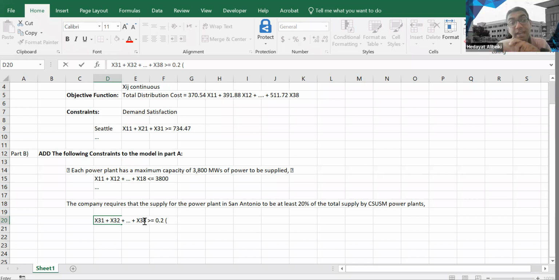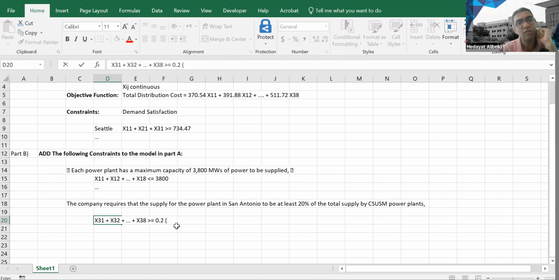No, 3,800 times 3 would be the total capacity, not the total supply. When it says total supply, it's the used capacity that you're looking for, not the potential capacity that you have. Would it be the sum of all the demands? You got it, Richard. The sum of all the demands, yes.